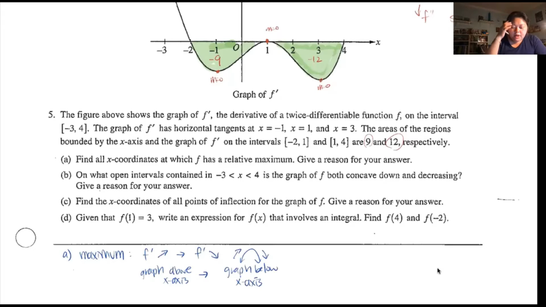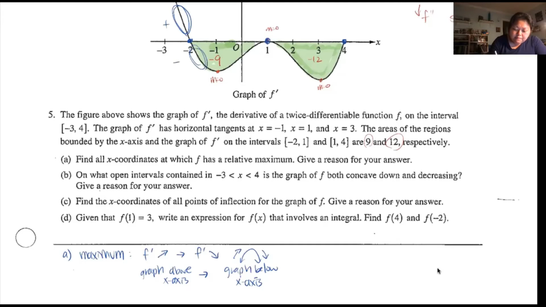Also, the graph itself has to equal 0. So when is the graph equaling 0? It equals 0 right here, right here, and right here. Now, we don't take into account the last one because there's nothing happening after that. So you don't know whether the graph is changing in terms of the sign. That point is not useful for me. The point at 1 is not useful either because the graph stayed negative to negative. I am below the x-axis before and after. The only one that is useful for me is -2 because the graph was positive here, above the x-axis, and it changed to negative here, below the x-axis, positive to negative.